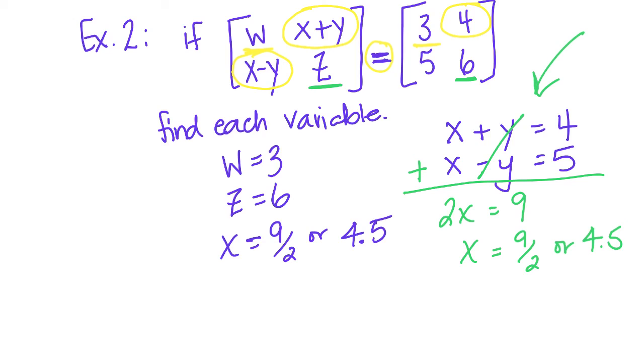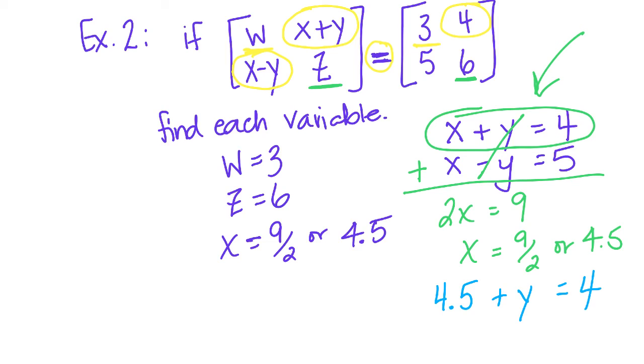And if I plug that back in, I'm going to plug it into here at the top. I'll plug it in a different color. 4.5 plus what gives me 4. So you've already probably solved that y is going to equal negative 0.5 or negative 1/2.